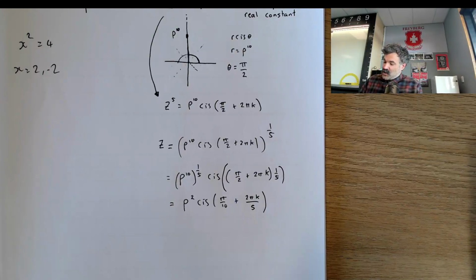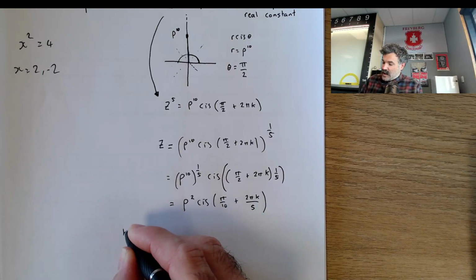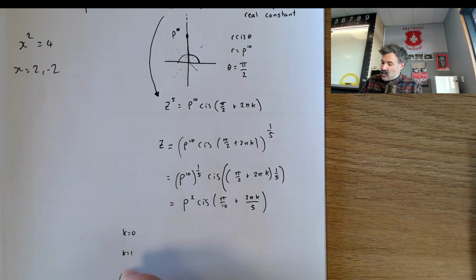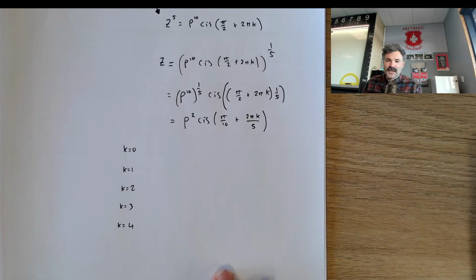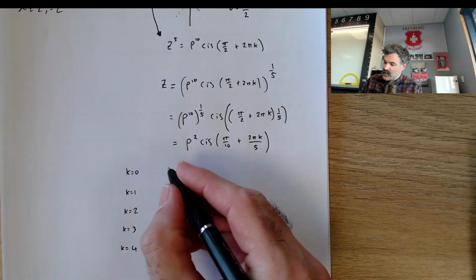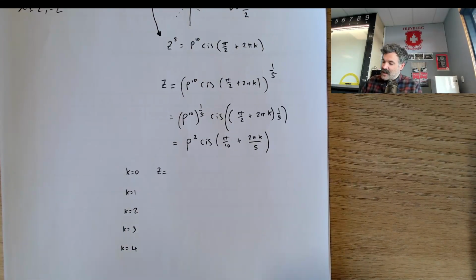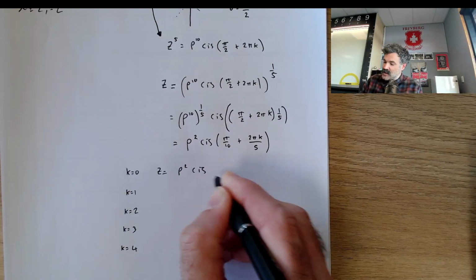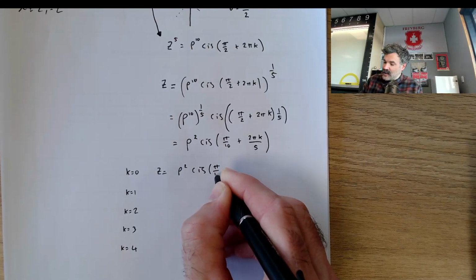All right. Now we want our 5 solutions, so we're going to pick them when k is equal to 0, k is equal to 1, k is equal to 2, k is equal to 3, and k is equal to 4. 1, 2, 3, 4, 5 solutions. Let's quickly do them. So the first one, when k equals 0, I get p squared cis of pi over 10.